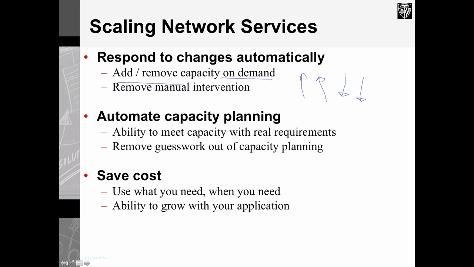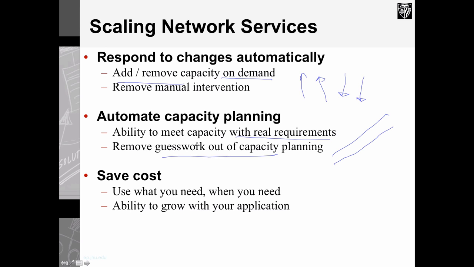We also want to meet capacity that is closely aligned with the real requirements. Like we said earlier, if our usage curve goes up in a hockey stick fashion, we want our capacity to keep up with that demand. And we also want to take the guesswork out of the capacity planning.